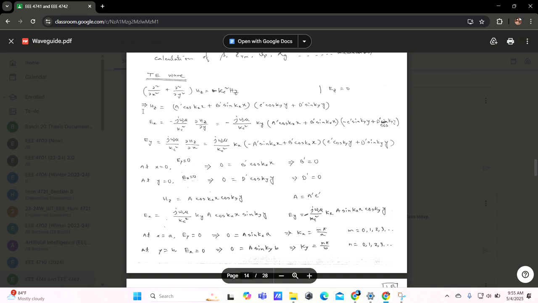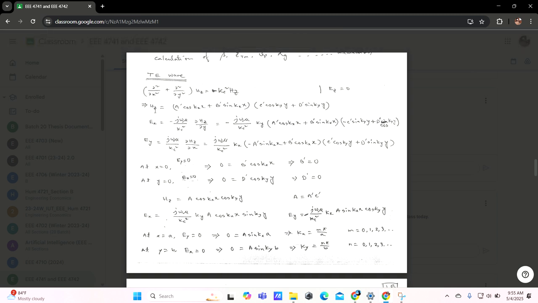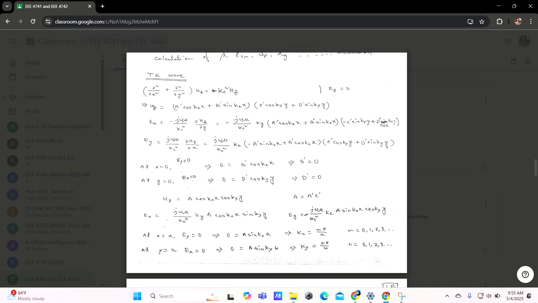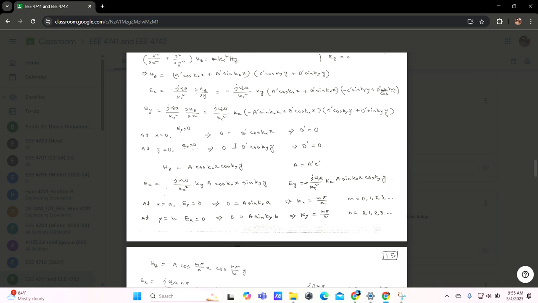So after applying the boundary conditions, we first go with Az, then go with Ex, then go with Ey, to put the boundary condition values and get our kx and ky, like the parallel plate equations.